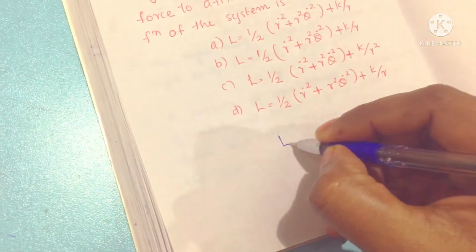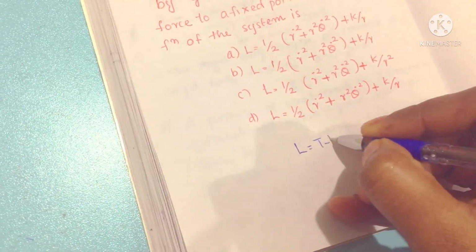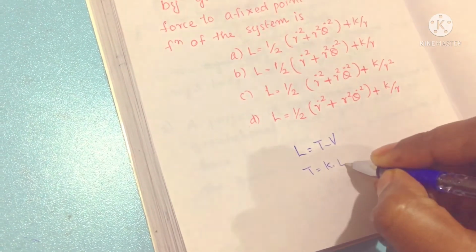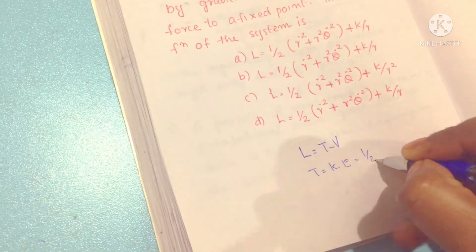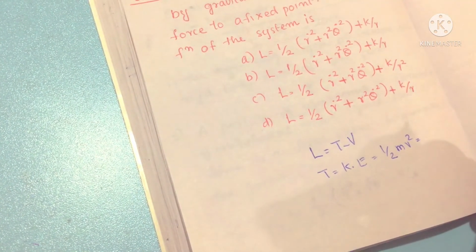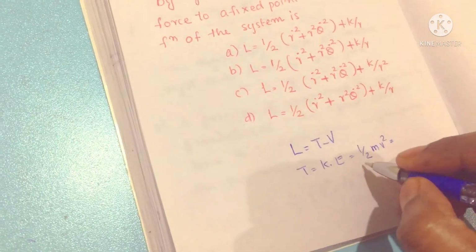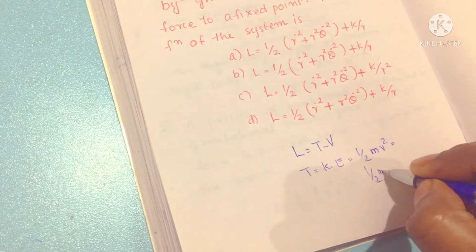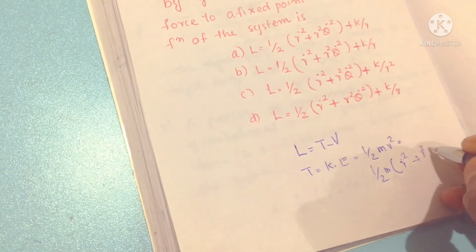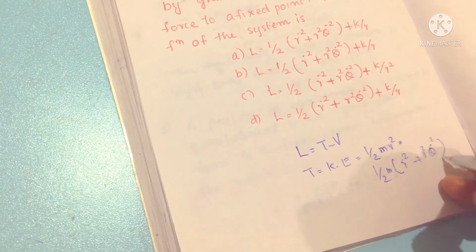Okay, we know that L is equal to T minus V. T means kinetic energy, that is half mv square. This is kinetic energy in polar coordinates, that is half m (r dot square plus r square theta dot square).